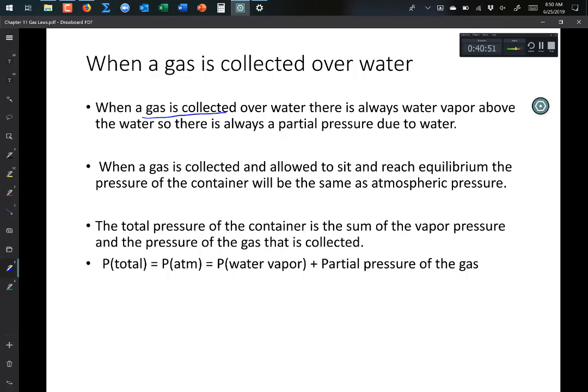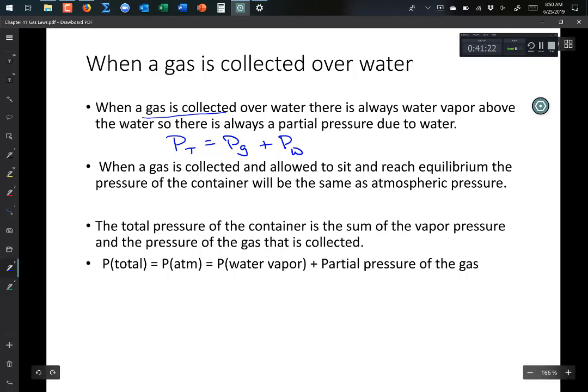So by Dalton's law of partial pressure, we would say the total pressure is the pressure of the gas you're collecting plus the pressure of water. I'll put W instead of H2O. So if you want to know the pressure of the gas, you collect it, and then you just subtract the vapor pressure of water from the total, and that's how you get the pressure of the gas. Okay?